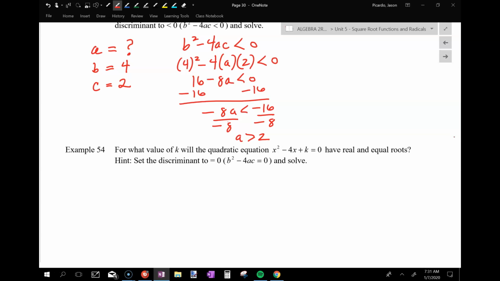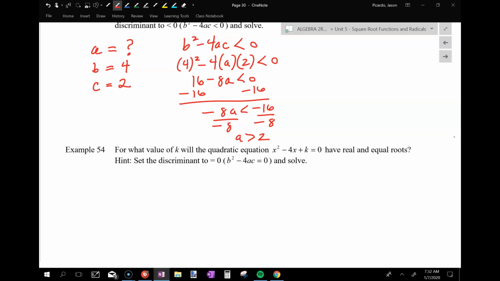So if I say you have two equal roots, how many roots do you really have? Only one, right? So I have one real root, which means the discriminant has to equal 0, right? So here I give you x squared minus 4x plus k, and I want to know what value of k will give me the discriminant equal to 0, right?